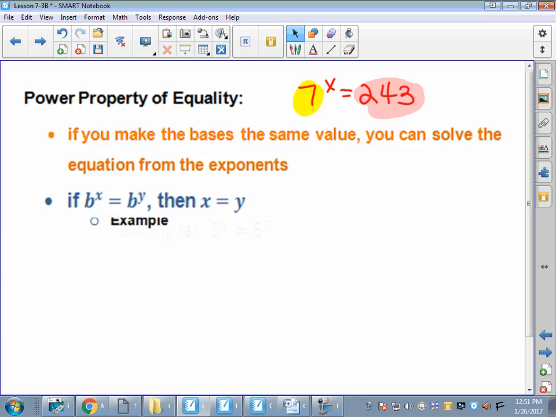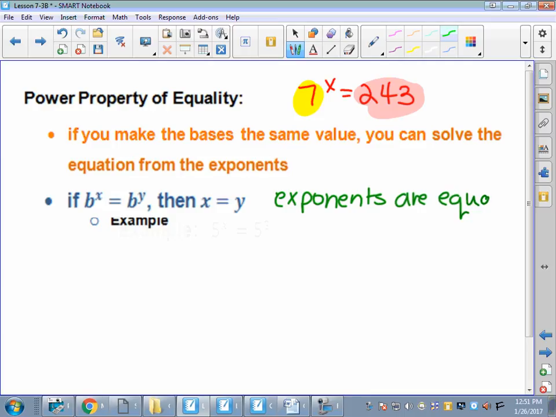Here's the technical part of the power property. It says if something to the x is equal to that same number to the y, then the exponents are equal. So I've got an example for you down here.